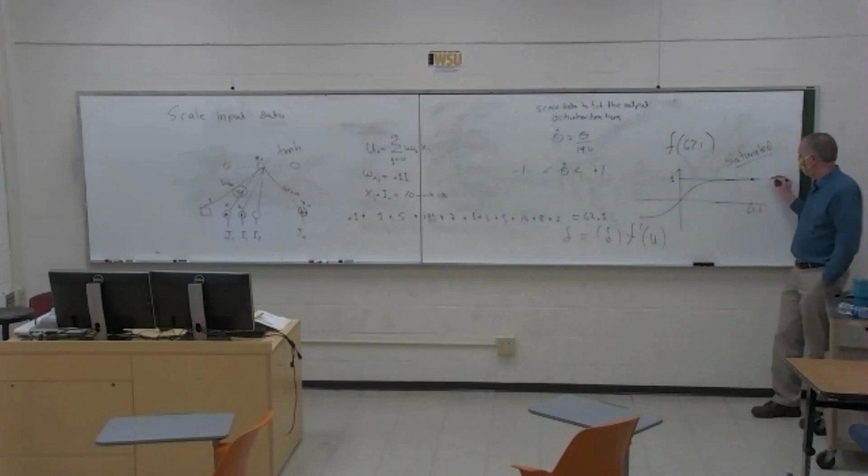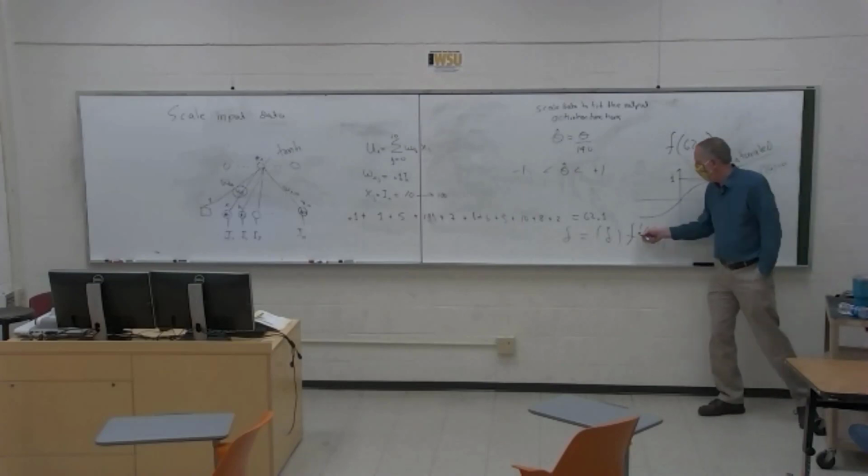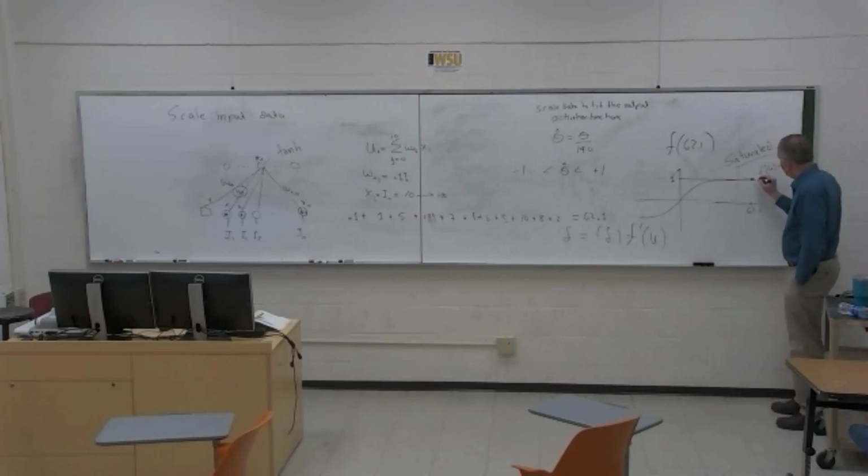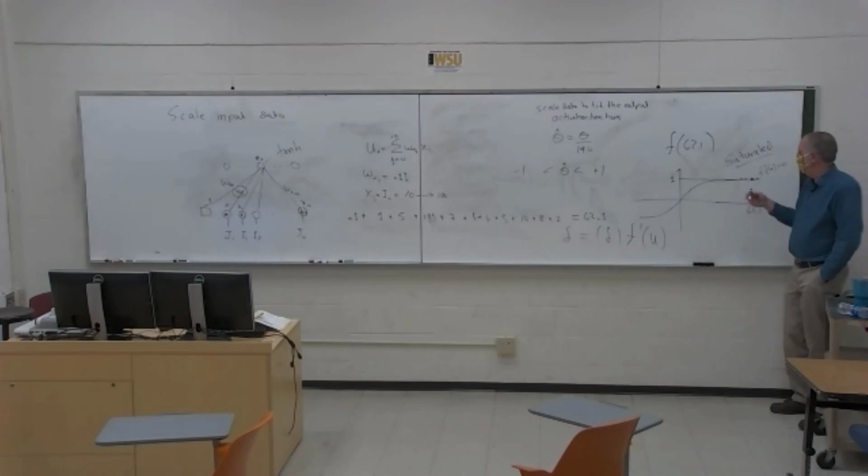So what's the slope of the saturated neuron? It's 0. So all of the error deltas in all these saturated neurons are going to be 0, and no training happens. And that's just reflective of what we talked through. If this is flat like this, changing the weight, changing the net input doesn't change the output, so backprop is saying, I don't know what to do, because no matter what I do to change the weights, nothing changes.